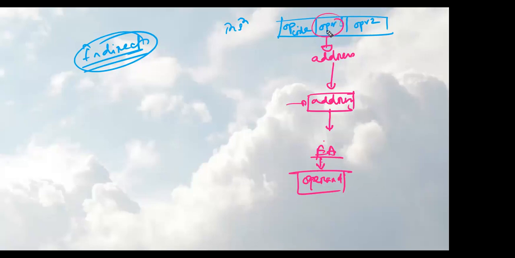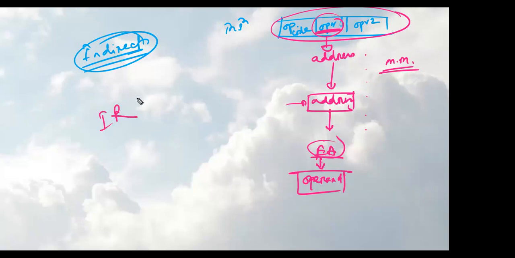So if your operand is not locating the effective address, that means there are some indirect steps up there. And when indirect steps are involved, then you have to access main memory multiple times. So to access the main memory, you know one information, that is your location. So from where could I get the location? From this instruction. And where this instruction is stored, you know it is IR.